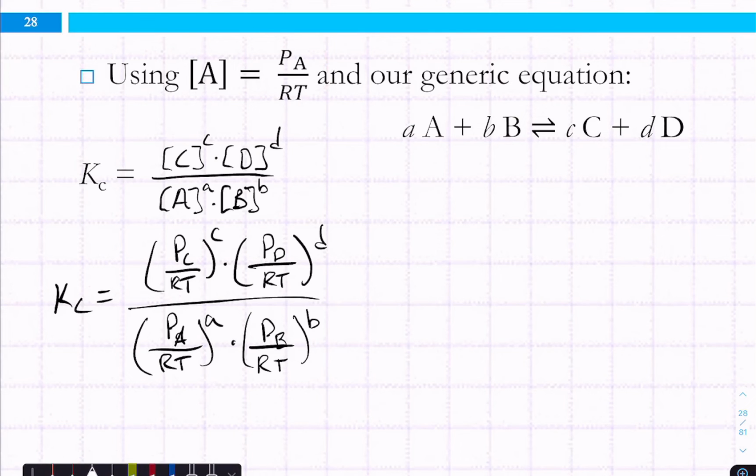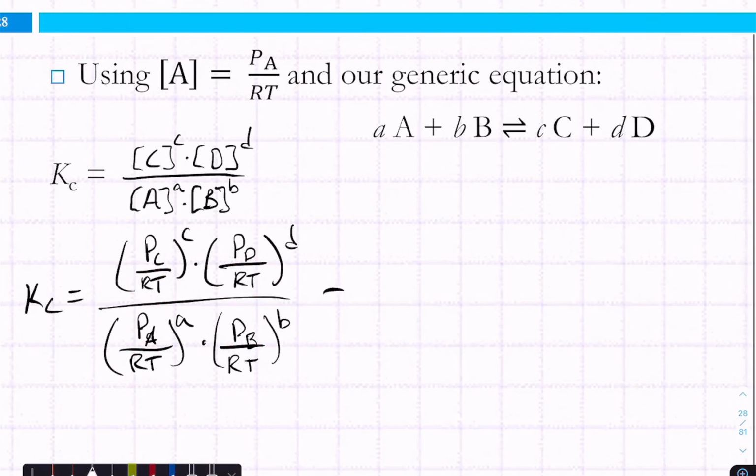Now, though, we can factor out the RT from each of these, right? Because they're being divided by RT, but it'll be RT raised to the exponent of its respective partial pressure.